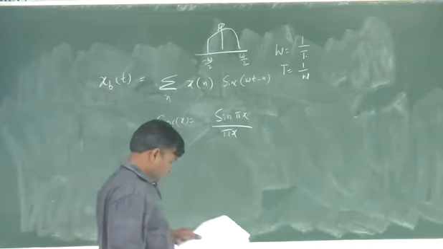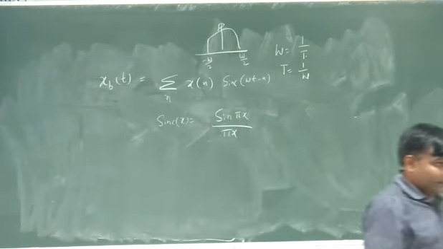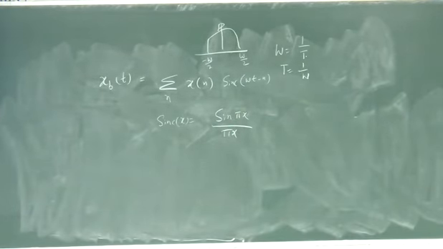An arbitrary baseband signal xb of t can always be represented as an interpolation of samples. What have we done there? Xb of t can be represented with a set of points x of n.